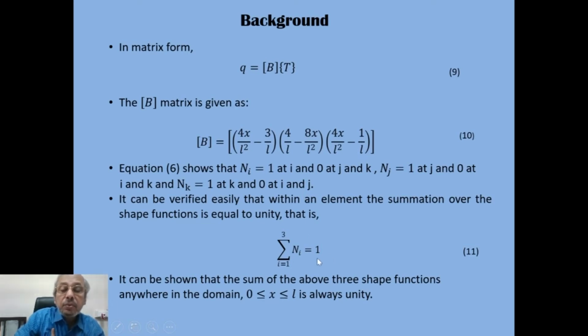And number 2, the summation of Ni, Nj, Nk anywhere in the domain is always 1. So the above 3 shape functions, anywhere in the domain between 0 and L, always sum to unity.